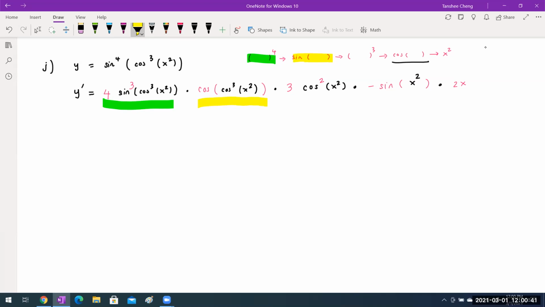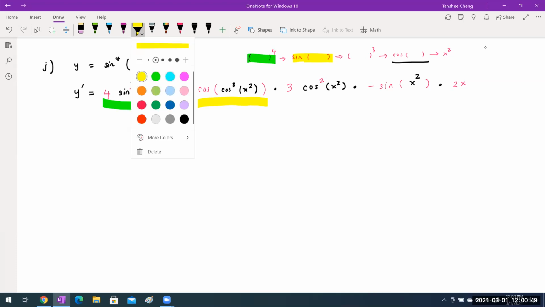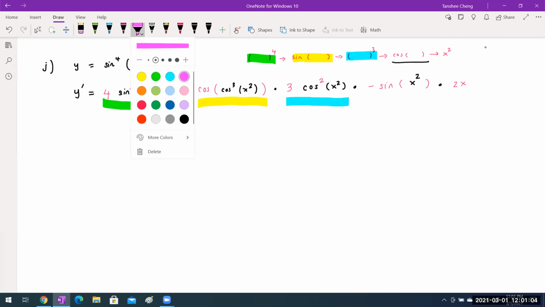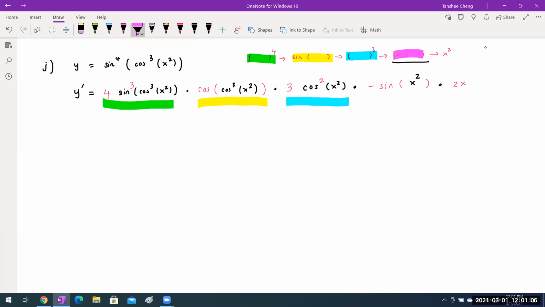Everything inside of the sine is like the inner functions: the power, cosine, and so on. And then the next thing that we look at is the power function. So here, bring down the power and minus 1 to the power. And then the next one will be the cosine function, so the derivative of the cosine function.